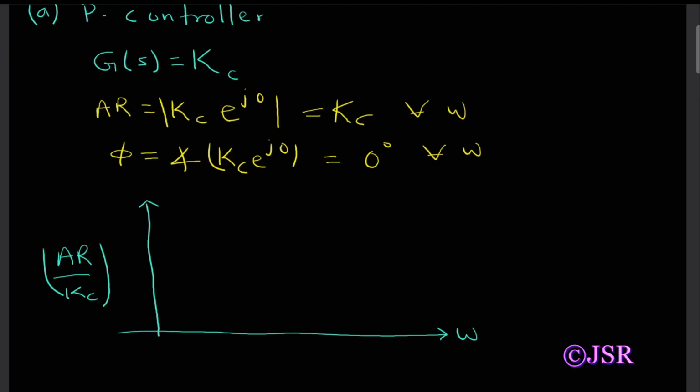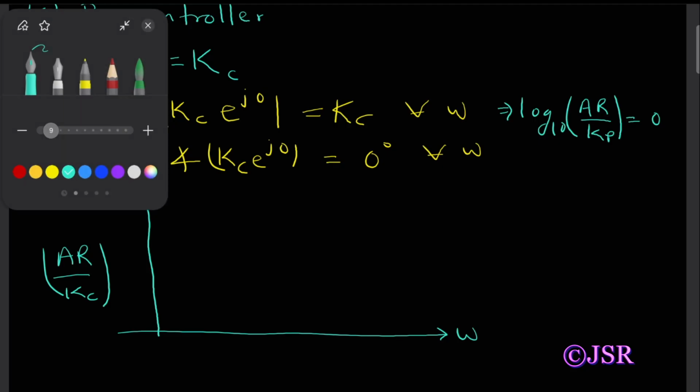If we take the log of AR on both sides, this can be written as log 10 of AR by Kc equal to log 10 of 1, that is 0, and therefore AR by Kc will be equal to 1.